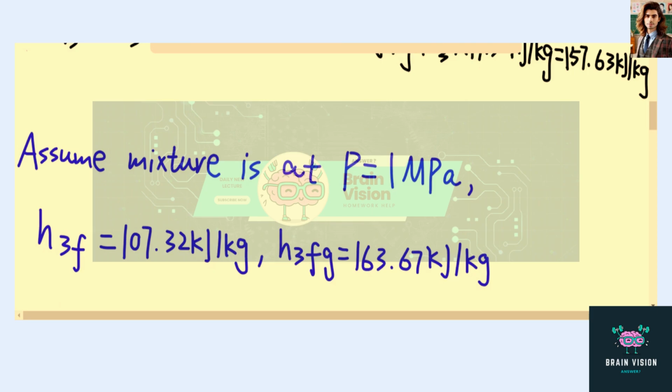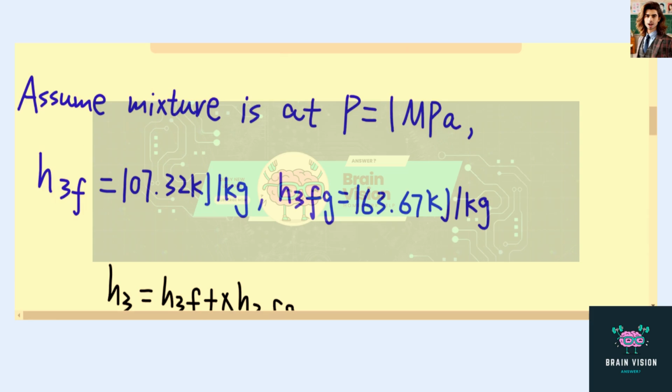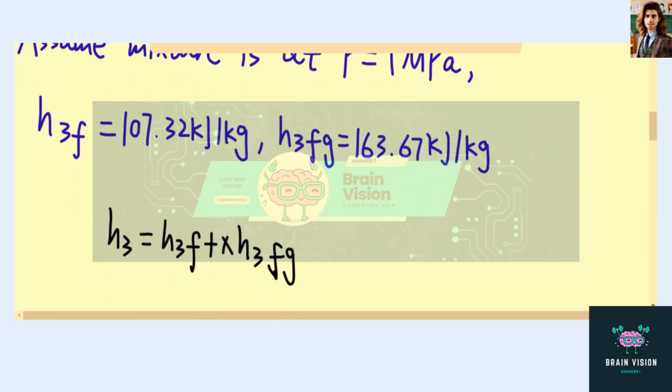And also the enthalpy of evaporation of refrigerant 134A, which is h3fg here, is equal to 163.67 kilojoule per kilogram.